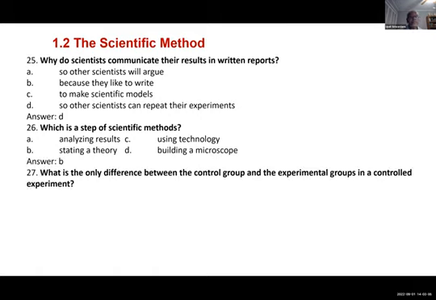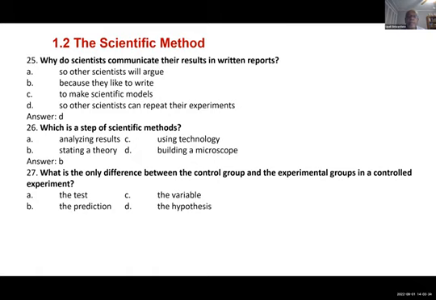Answer is B. What is the only difference between the control group and the experimental group in a controlled experiment? The test, the variable, the prediction, the hypothesis.